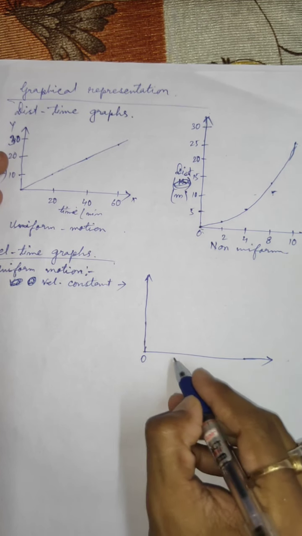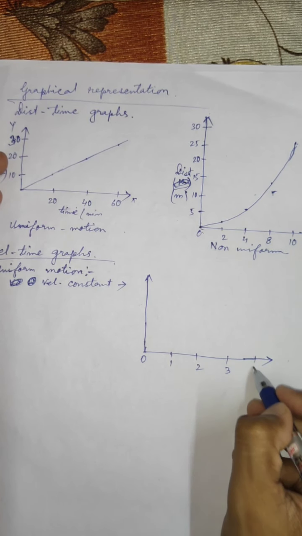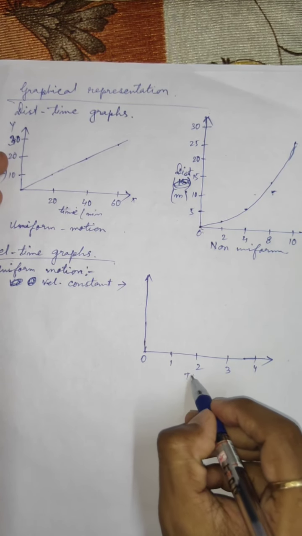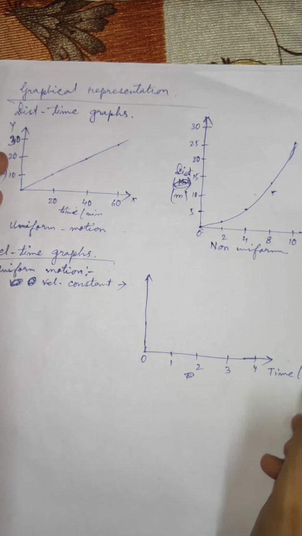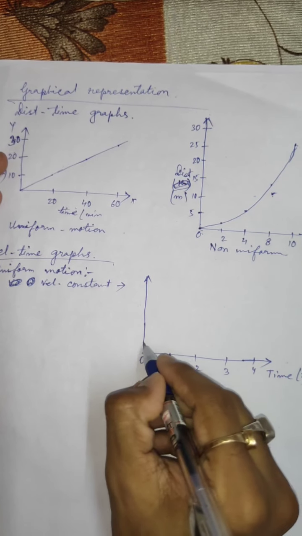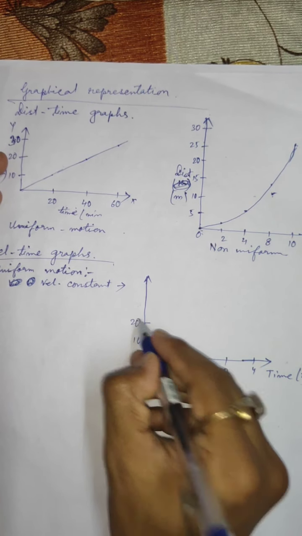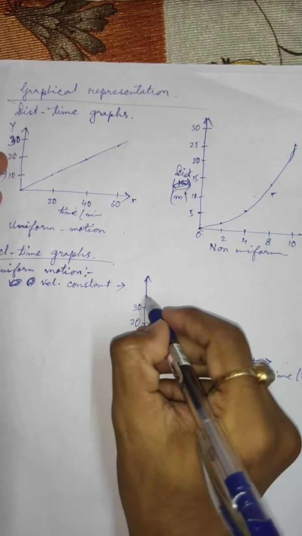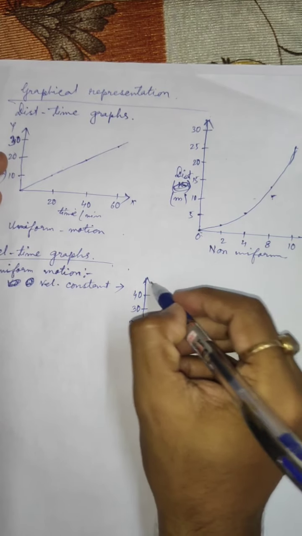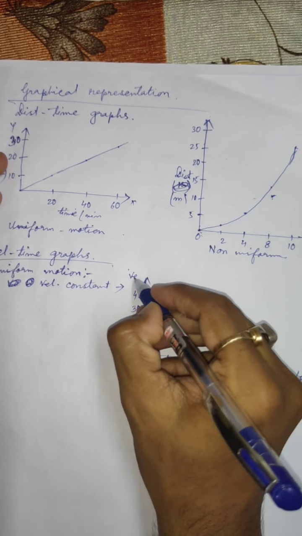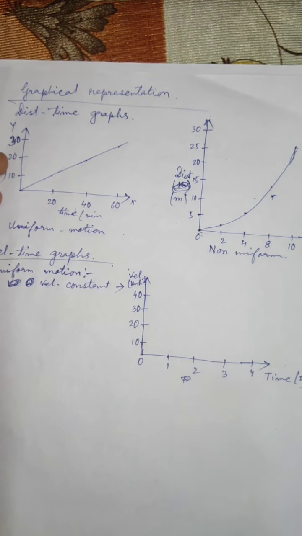Suppose I am taking the time 0, 1, 2, 3, 4. These are the time in hours, and on this axis I am taking the velocity, in kilometer per hour.